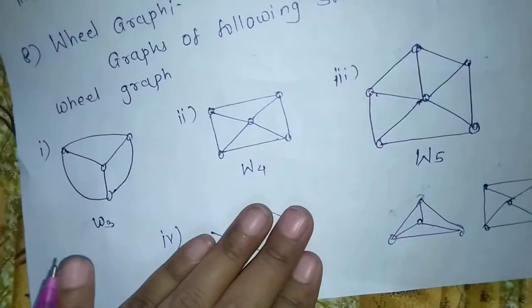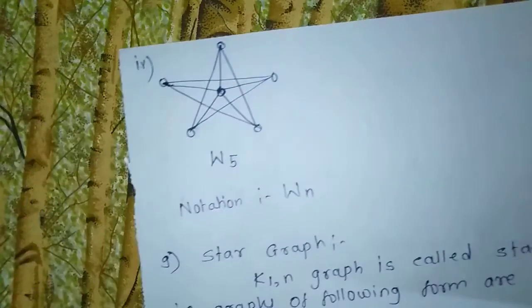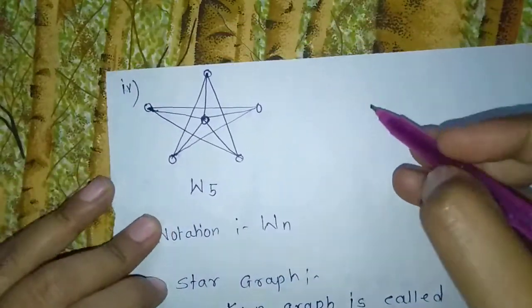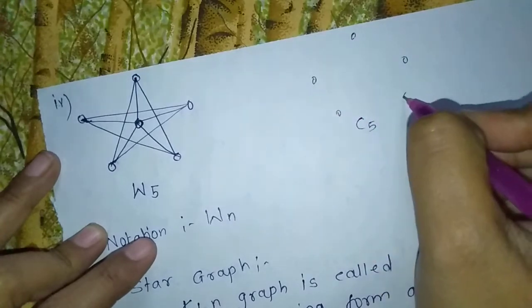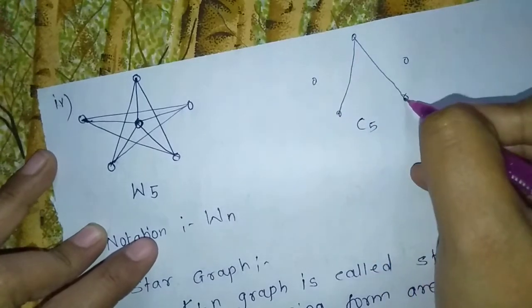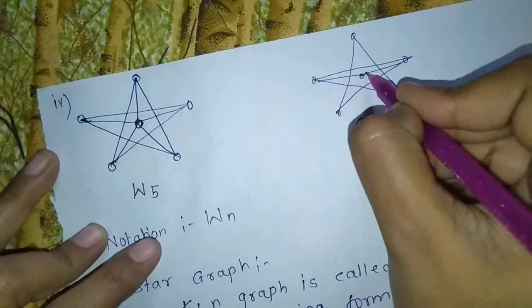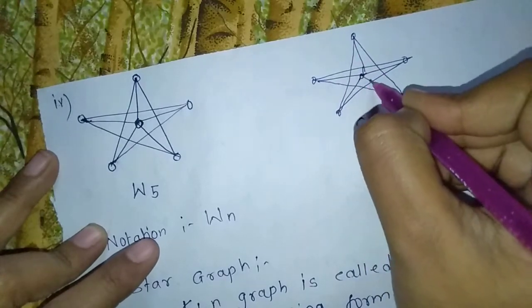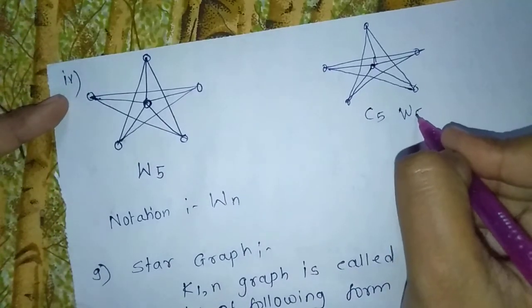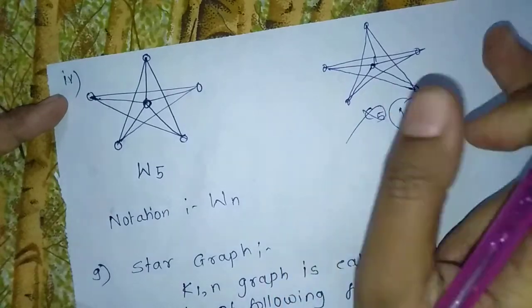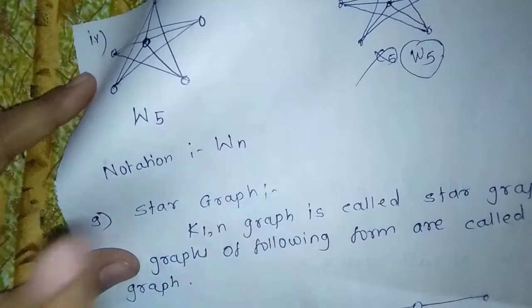This becomes a wheel. Similarly W3, W4, and also W5. For C5, draw the cycle with 5 vertices, add a new vertex, and draw edges to the vertices of the C5. So this is W5, not C5, once we add this vertex. The notation of a wheel graph is capital W with suffix n.